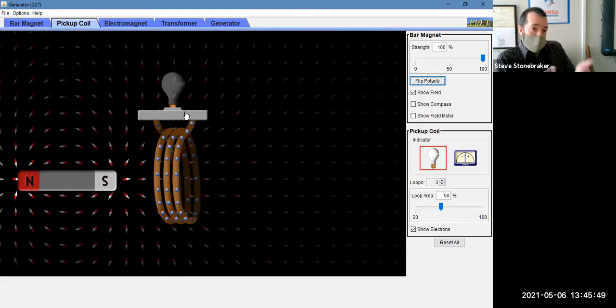But anytime there's a relative motion between the magnet and the wire, I'm going to be exerting magnetic forces on the electrons inside the wire, and that could cause the electrons to move, which is the same thing as an electrical current. So it's one perspective that you can take on how these effects occur. Anytime there's this relative motion, you get forces, and those forces make the currents flow.